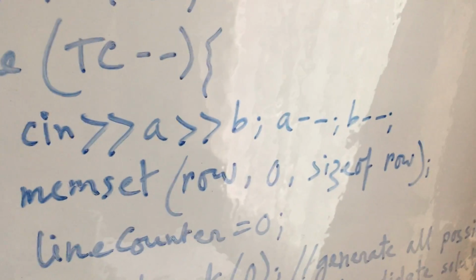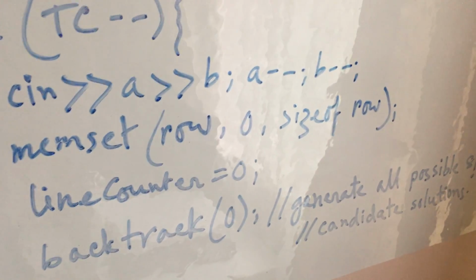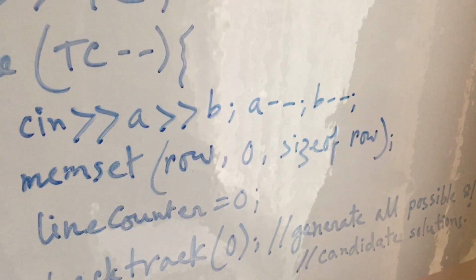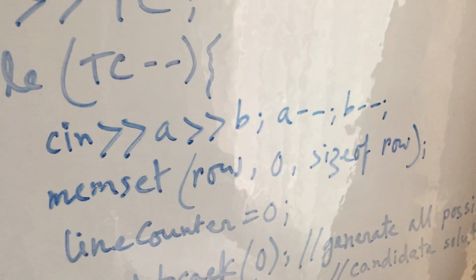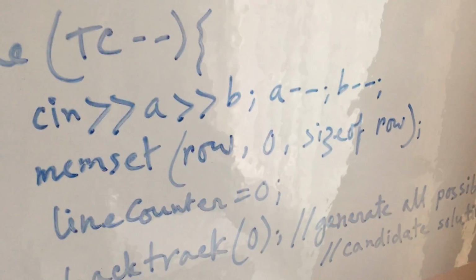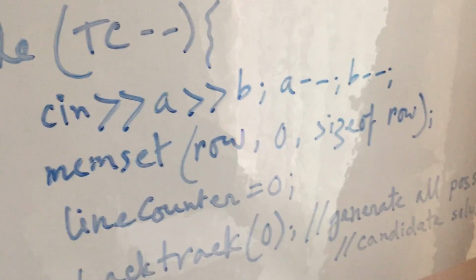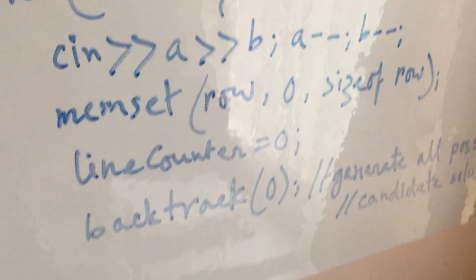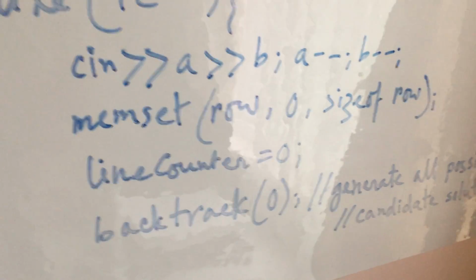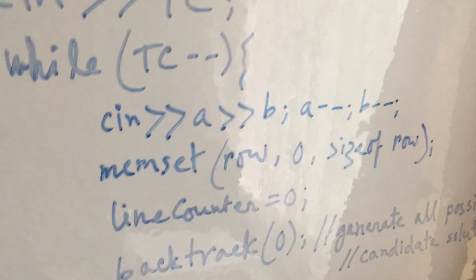Then we create the output variable, row, and initialize all of the output to zeros to begin with, and then we start with the first position of the queen, which is 0.